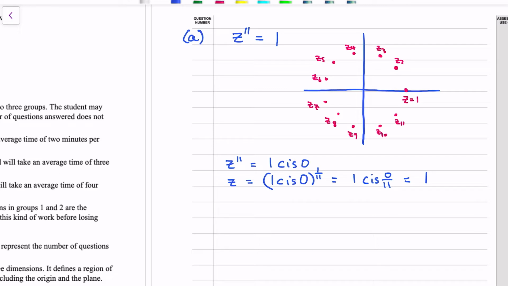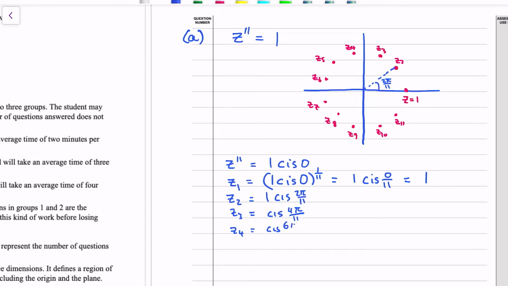And then the other ones, Z2 is 1 cis 2 pi over 11, because we add an 11th of a full circle. This angle here is 2 pi over 11. Z3 is cis 4 pi over 11.